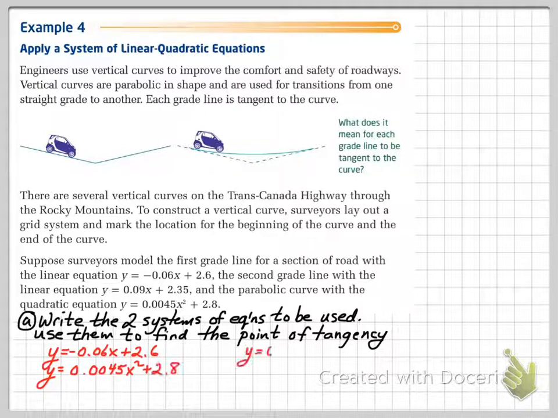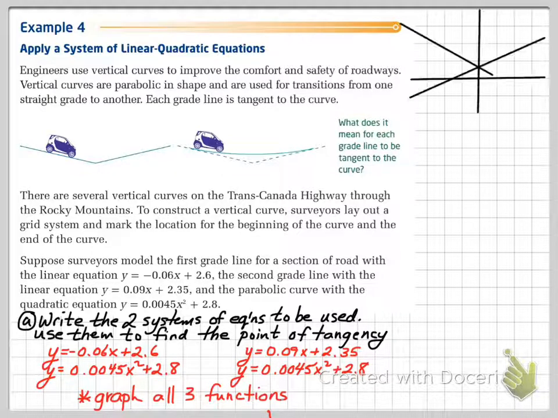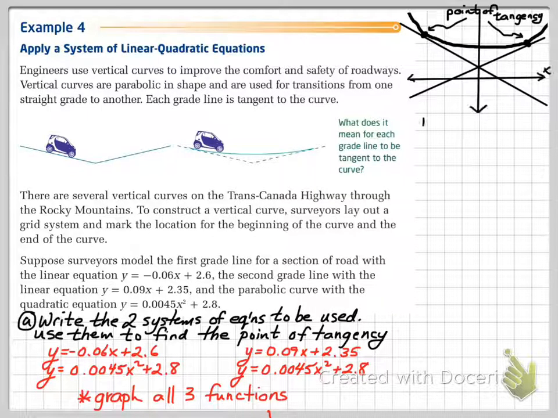We're going to say y is equal to negative 0.06x plus 2.6 and y is equal to 0.0045x squared plus 2.8, and the third curve is y is equal to 0.09x plus 2.35. Now you can do these two separately, or you can graph all three functions together and find their intersection points.